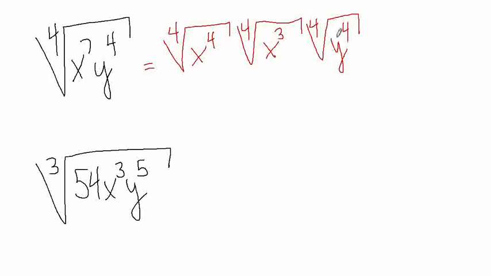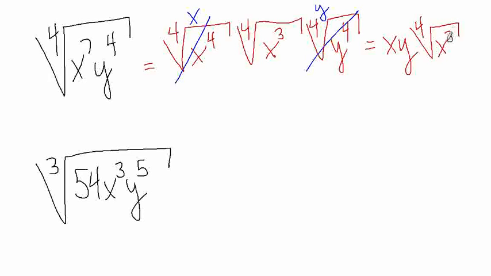So all of those 3 radicals multiplied together, and the 4th root of x to the 4, that's just x. The 4th root of y to the 4, that's just y. So x times y multiplied by the 4th root of x cubed. xy times the 4th root of x cubed.